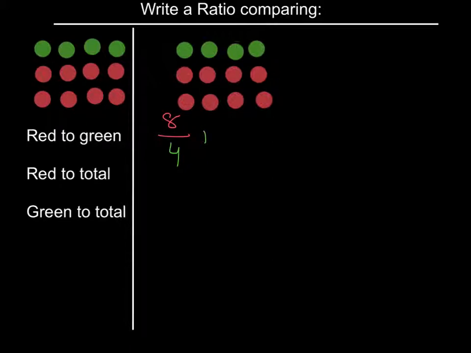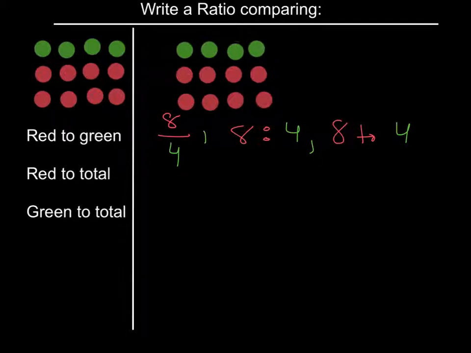You also could write it as 8:4, or as 8 to 4, although, as I mentioned before, my favorite way is the fraction. That's the preferred method. Then we're going to look at red to total.